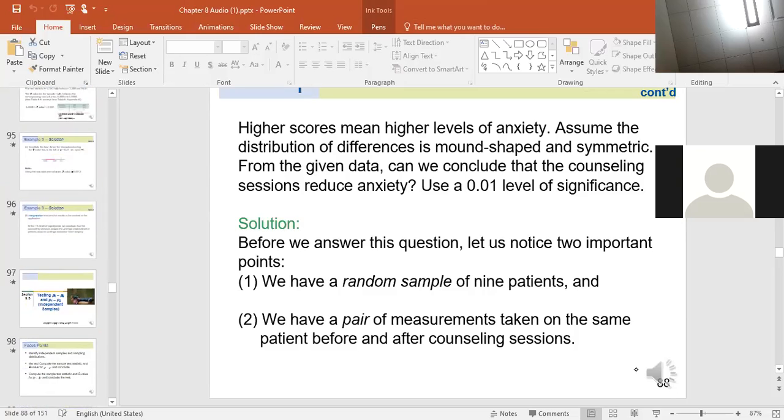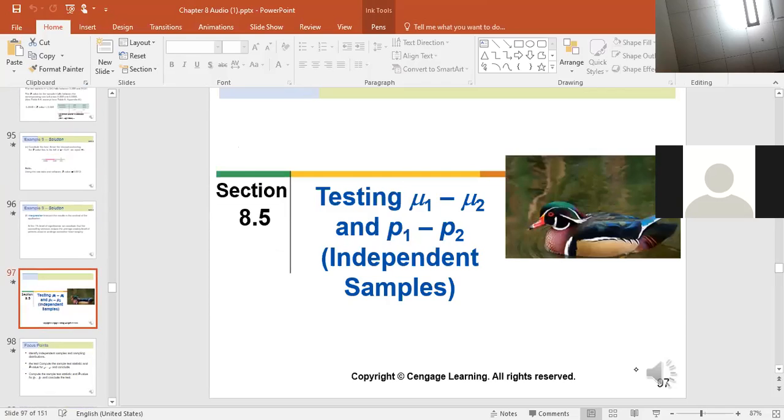So let's look at the last section, testing the difference for independent samples.